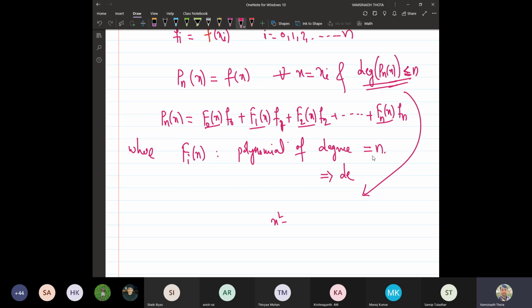For example, x square plus 1 is a polynomial of degree 2, and minus x square plus x plus 1 is also a polynomial of degree 2. But what is the linear combination? The sum is x plus 2, which is a polynomial of degree 1 only, not 2. Sometimes while adding, the degree may reduce, but definitely it will not increase.